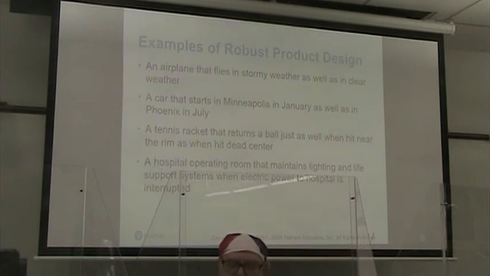A tennis racket that returns a ball just as well when hit near the rim as when hit dead center. And our fourth example is a hospital operating room that maintains lighting and life support systems when electric power to the hospital is interrupted. Could be kind of important.